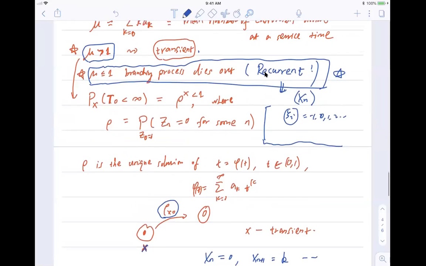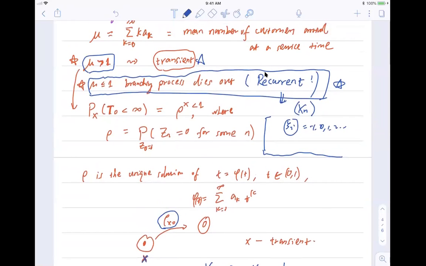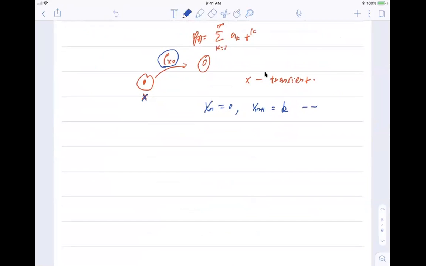But I can tell you why this is true. If mu is bigger than 1, intuitively each psi i has a mean of mu minus 1.